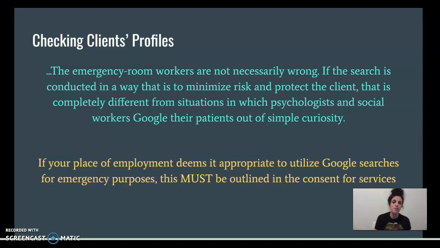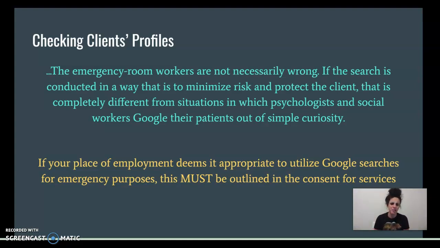The rule of thumb is that if you are ever going to utilize a Google search or social media search, and your place of employment encourages it in cases where the client's at risk, you really need to include this in your consent for services. So when you're going over everything in the first sessions and acclimating the client to services, let them know that there may be a chance, in an emergency situation, that they would be Googled.